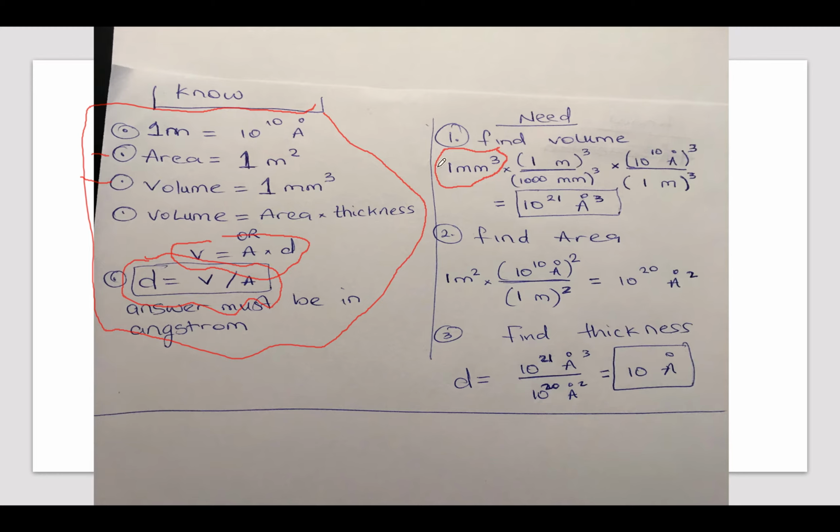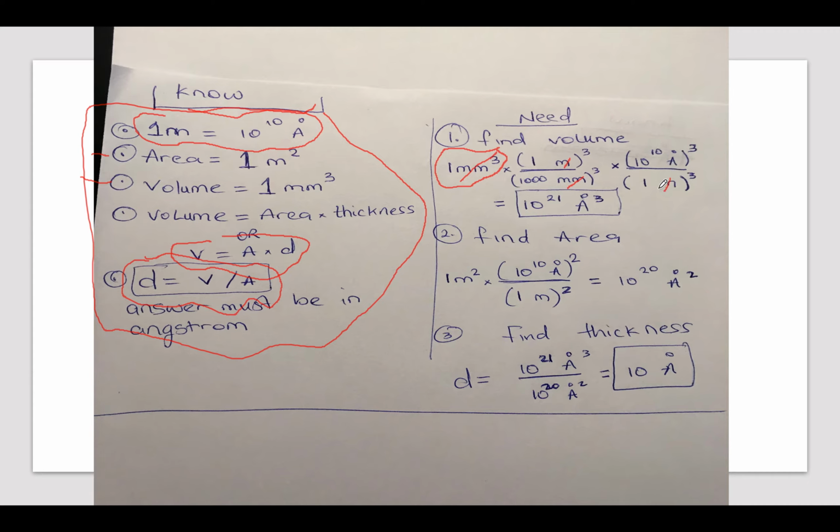Now, 1 meter is given to us right here. That 1 meter equals 10 to the 10th angstrom. But because I want it in cubes, I'm cubing both the top and the bottom. Anything you do to the top, you do to the bottom. Again, why am I setting it up like this? Because I want millimeters to cancel out, and I want meters to cancel out.